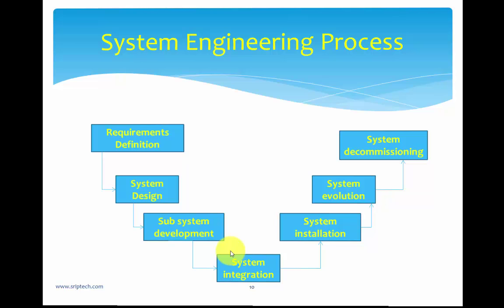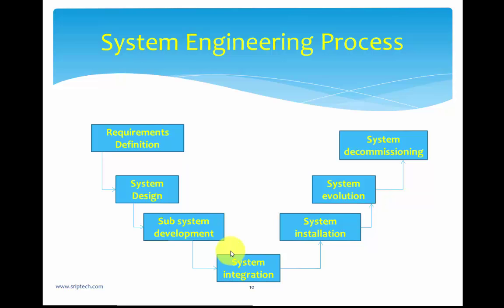Now when you talk of a system engineering process, it has a definite life cycle. Just like the life cycle of a software, the system engineering process also has a life cycle. Let us not confuse a software and a system. A system is very different from a software. A software is an integrated part of a system.